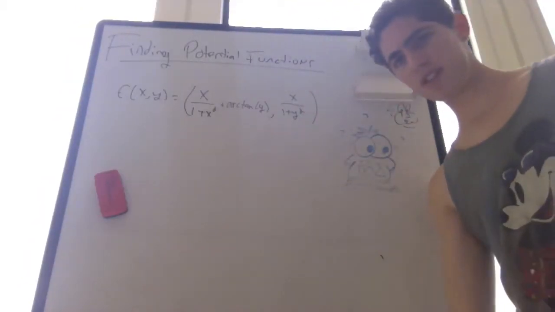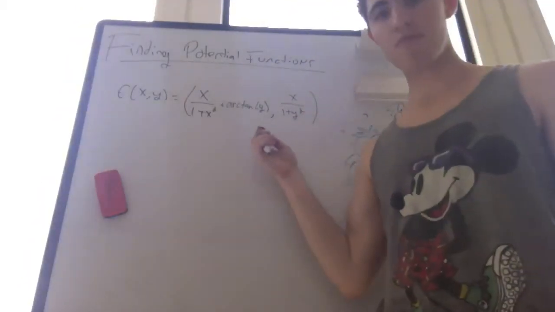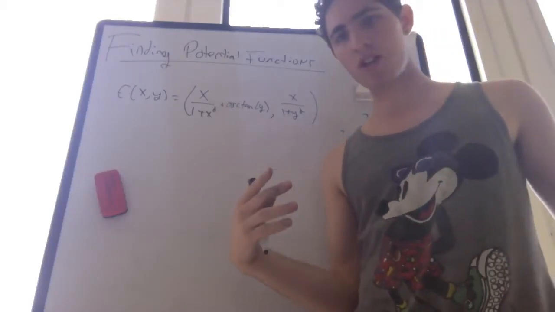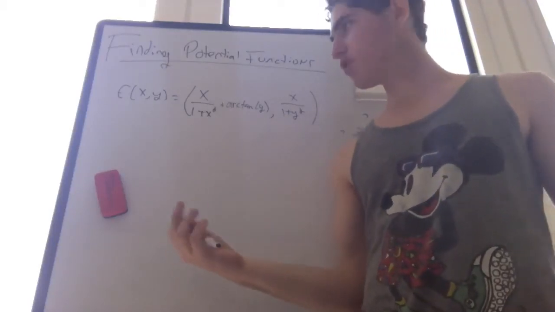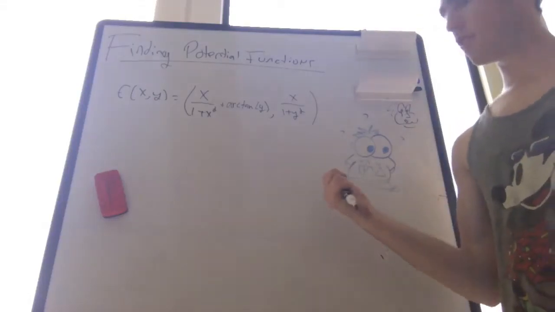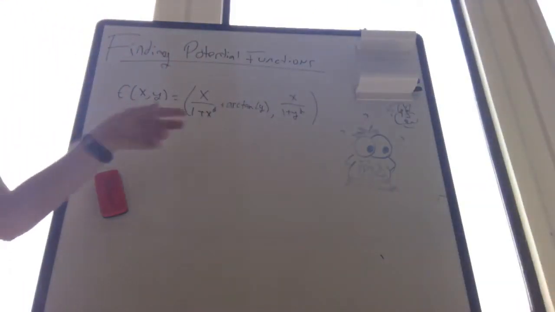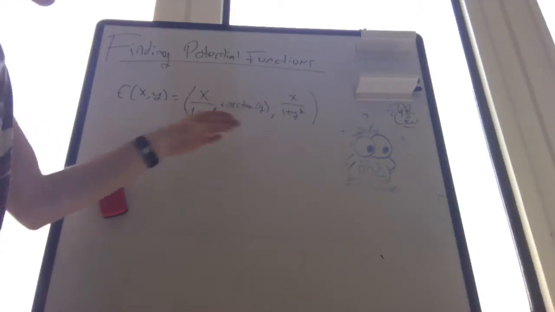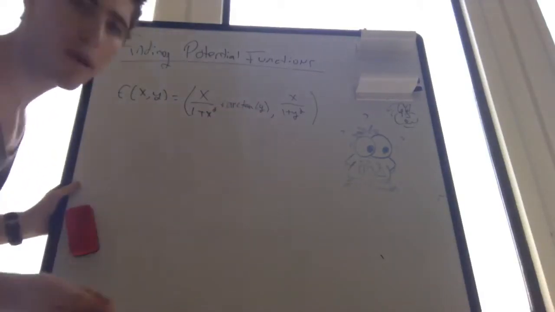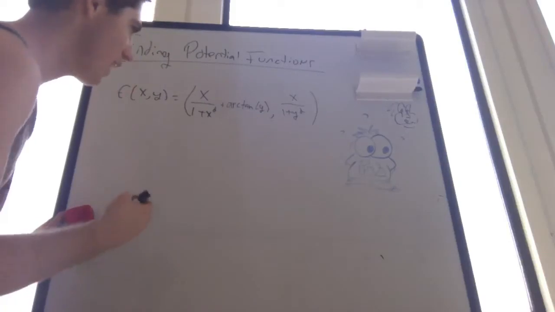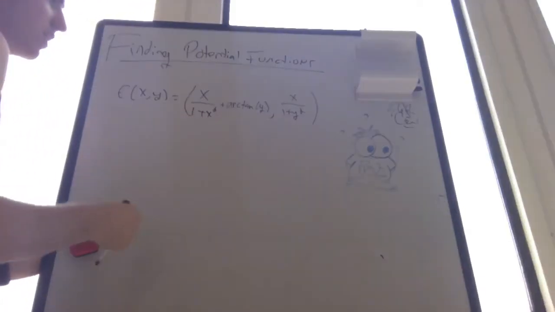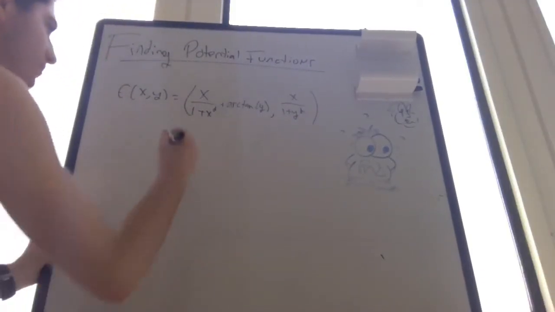Now let's try a harder example. This function looks pretty gross, but that's not an issue, because if we apply our methodology, it'll be beautiful. If we take the integral with respect to x, this part is simply a constant, so we can treat it like that. If we remember some trigonometry and calculus, the integral of this is simply arctan.